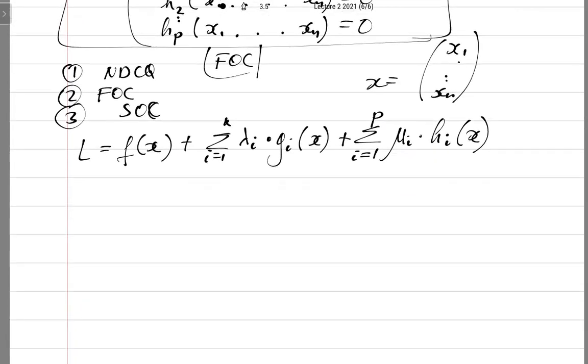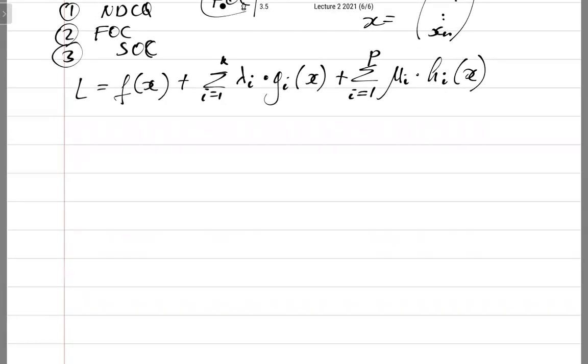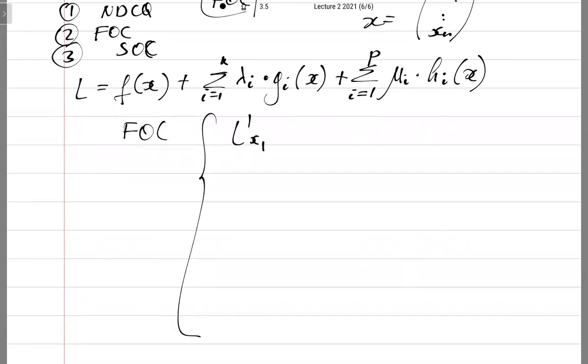And now, what are the first order conditions? Let's write them all. First order conditions. L prime with respect to x1 should be equal to, who is with me? 0. L prime with respect to x2 is 0.